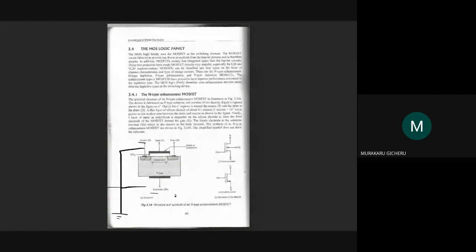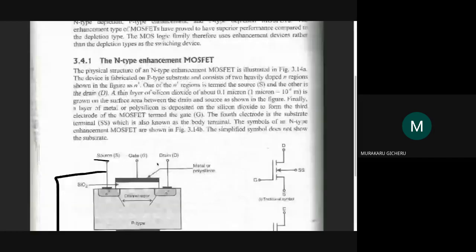In the N-type enhancement MOSFET, the source and the drain are highly doped with electrons, the N+ regions, and the substrate is P-type. We have this SiO2 dielectric layer, and then this metal part, which is the gate. Those are the parts of a transistor: drain, gate, source.